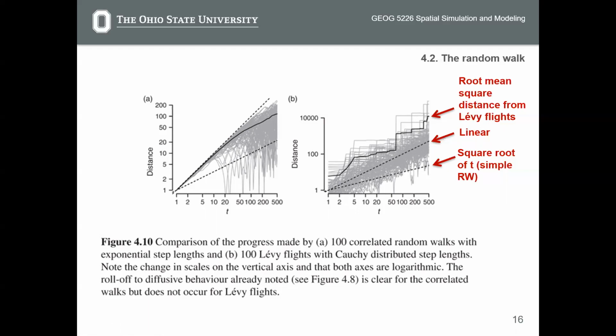If a walker is following a Levy flight, then its efficiency is even higher than linear movement, which means that within the same time, it is expected to go further using Levy flight than linear movement. That's the reason why we have a solid black line right above linear movement. With the same time t, a Levy flight walker is expected to move further than a linear movement walker.